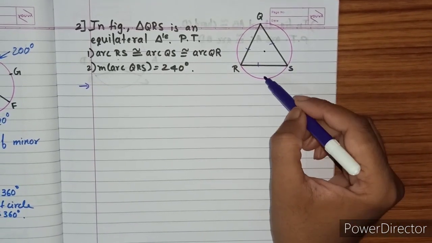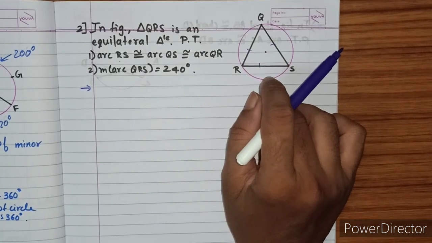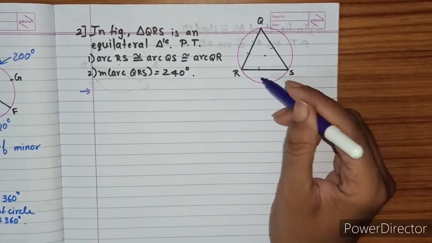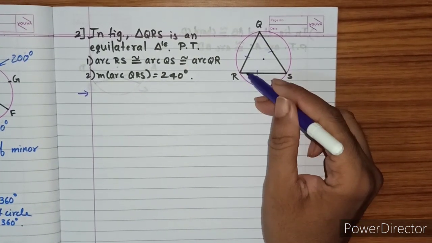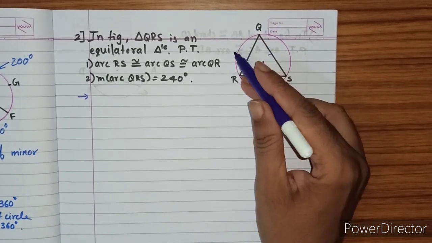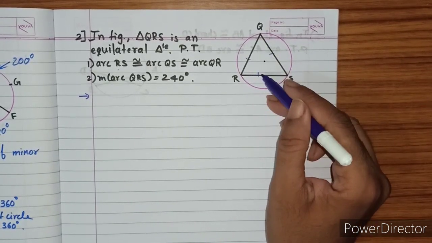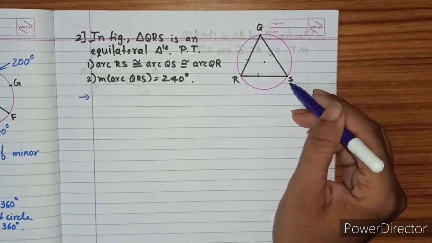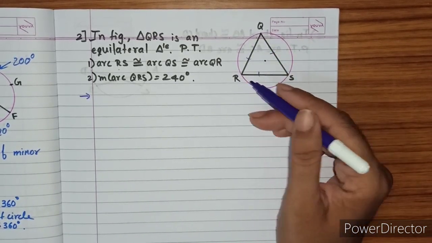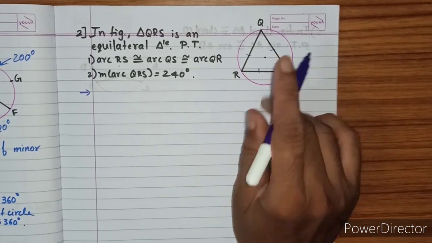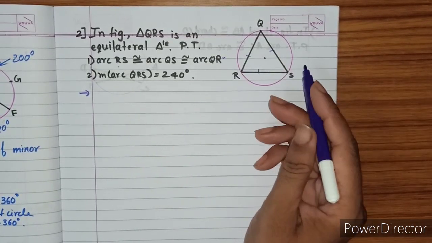Why? Because arcs of the same circle are equal if the corresponding chords are equal. Now, these are the chords for the circle and they are equal. Therefore, these arcs RS, QS and QR are also congruent. So, one thing is very easy to prove.